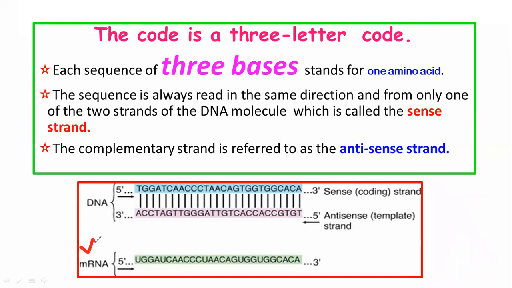Okay, now what about messenger RNA? For the meanwhile, you just need to remember one thing. I hope you remember in the process of protein synthesis, this is a cell, this is a nucleus. The DNA cannot come out of the nucleus.